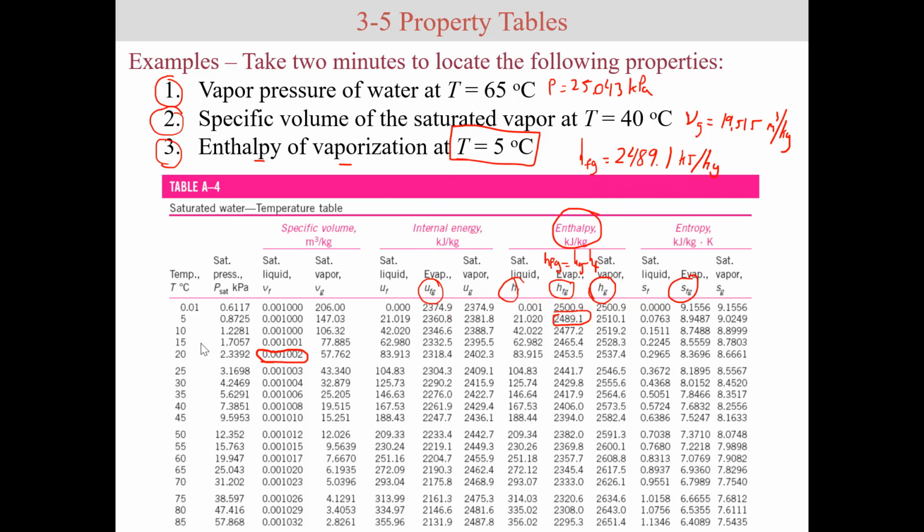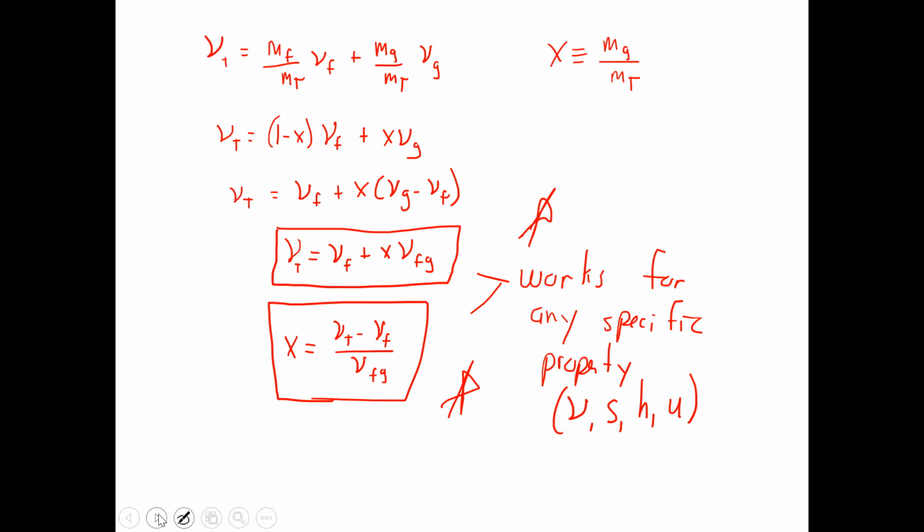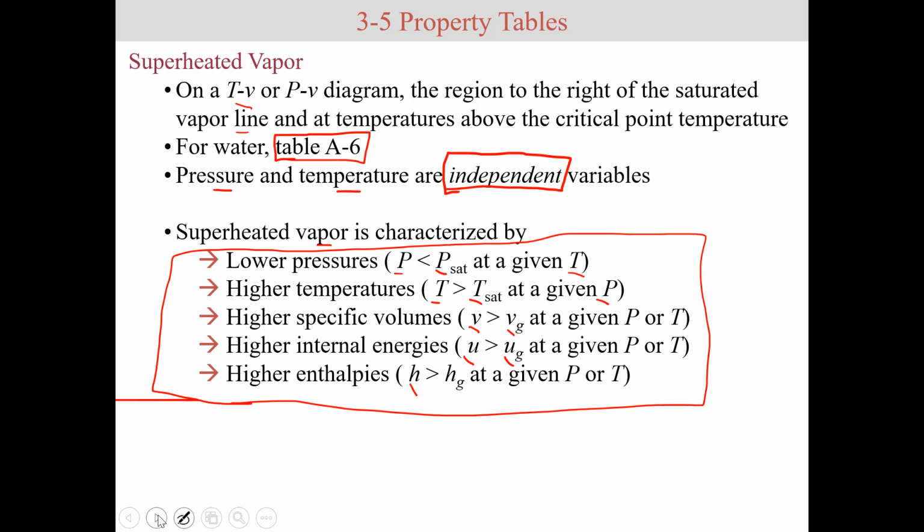I go ahead at 20 degrees, I look up what my specific volume is. That would be for a saturation temperature of 20 degrees and a saturation pressure of 2.3392. And I'm saying that the specific volume for a compressed liquid at any pressure, it could be 50 kPa, 100 kPa, it's still going to be 0.001002. All right, we'll come back to that with some more precise examples.